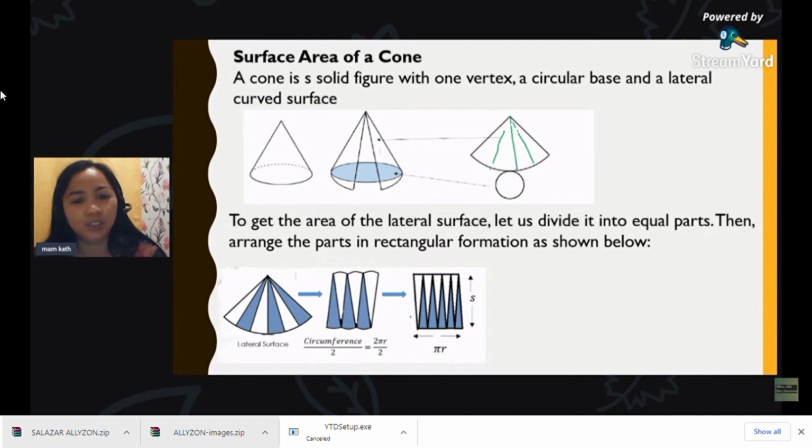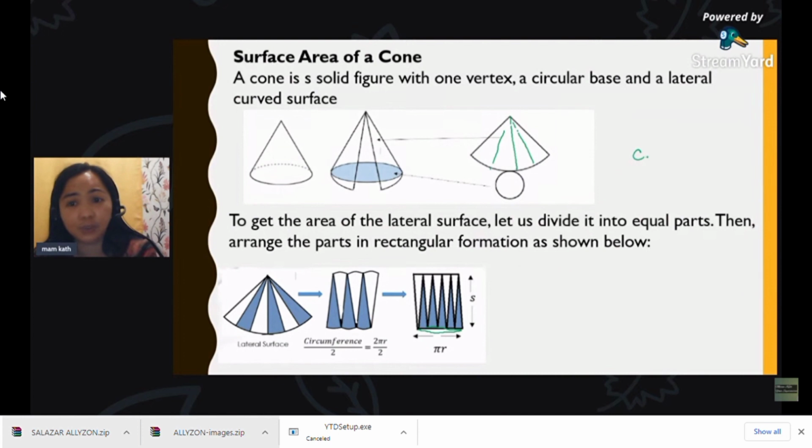Now, so kung nag-form siya ng parallelogram, saan ang galing yung kanyang length at saan ang galing yung kanyang height? That's interesting. So yung kanyang length, nanggaling yun sa here, the circumference of the circle. That is why we have 2 pi r.